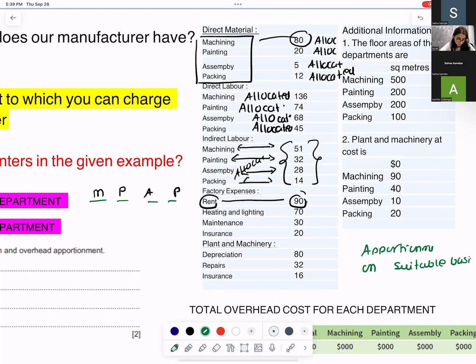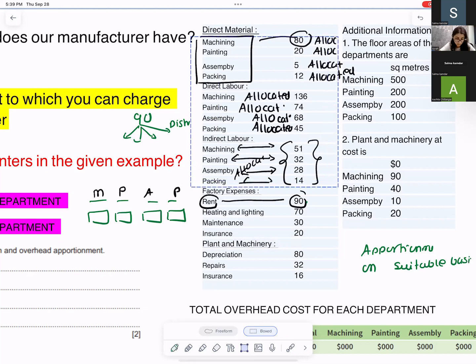So this rent belongs to my four cost centers. So in this case, I am going to do further work. My further work would be to distribute them to the cost centers on a suitable basis.